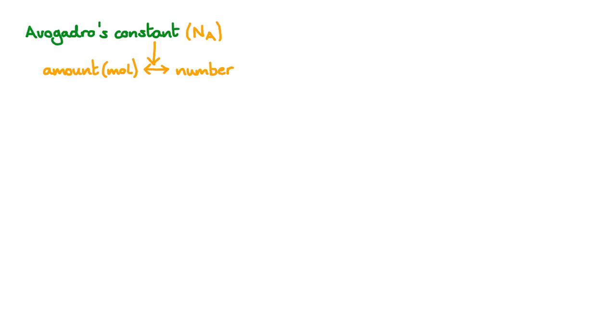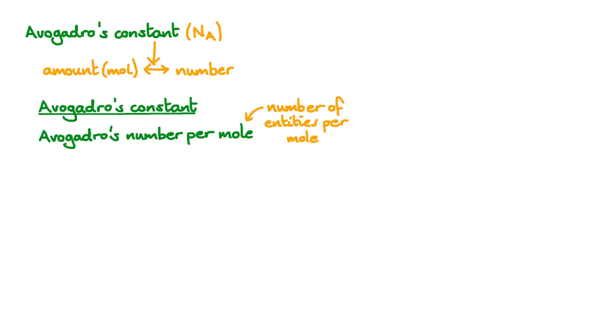When converting back and forth between the amount of entities in moles and the number of those entities, it's useful to use something called Avogadro's constant. Avogadro's constant is Avogadro's number with units of per mole, and it's a useful tool to remind us how many things there are per mole of something. Technically, Avogadro's constant should be written like this.